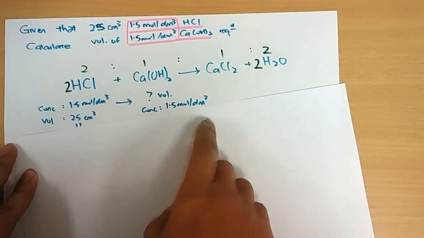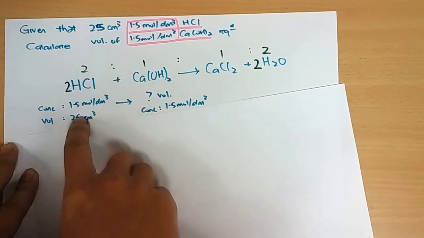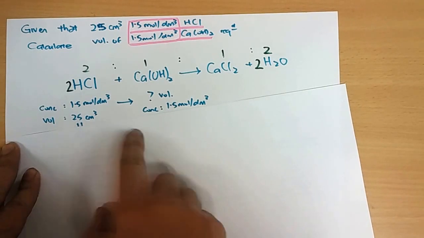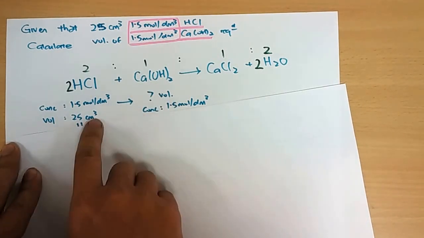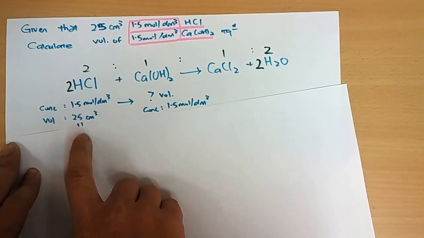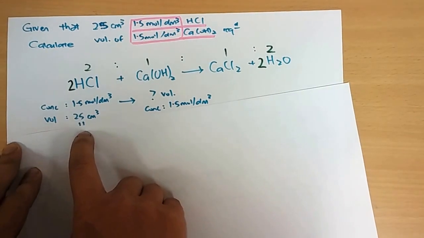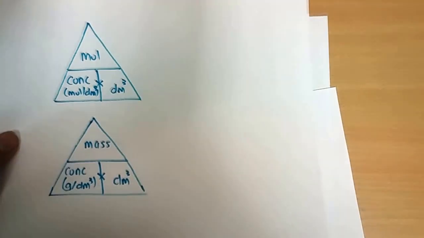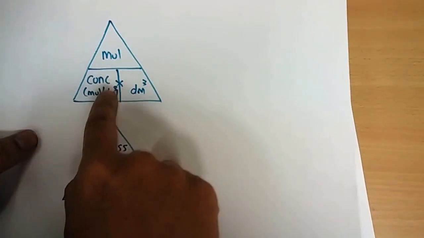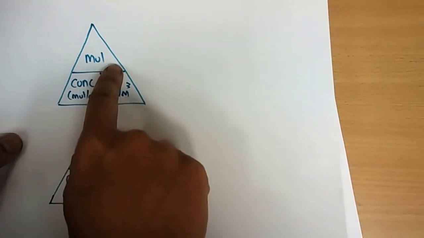Okay, the next question, same thing, same equation, but this time you're asked to find the volume of the alkaline that is required. So you have concentration, you have volume of the acid. Use the triangle. Volume, concentration, you can find a mole.